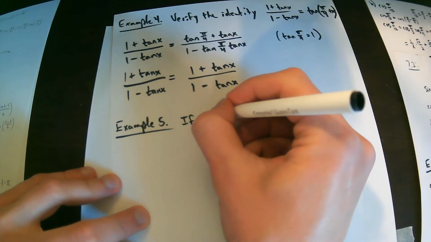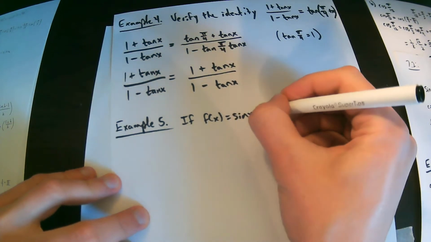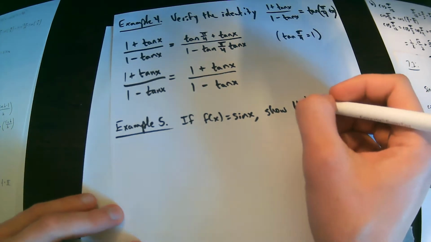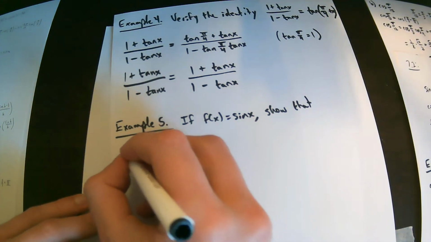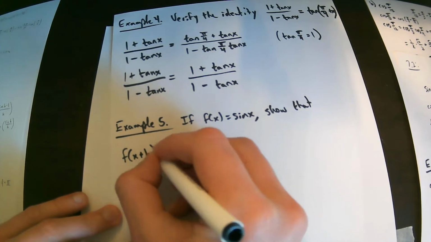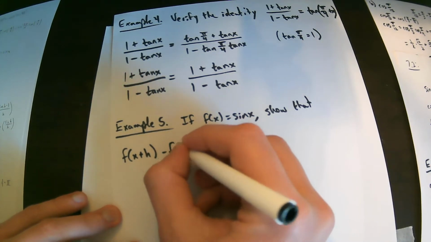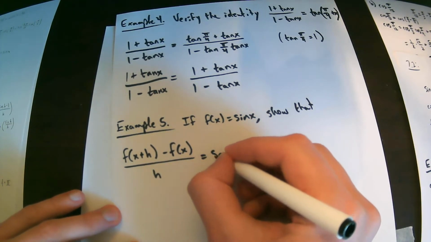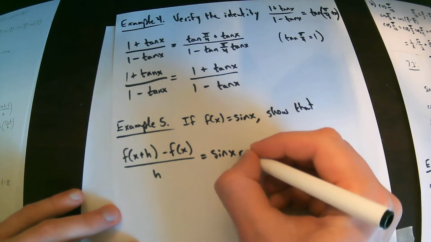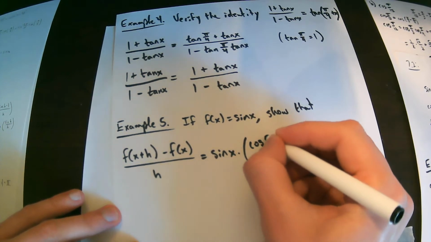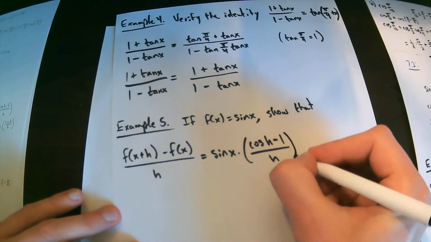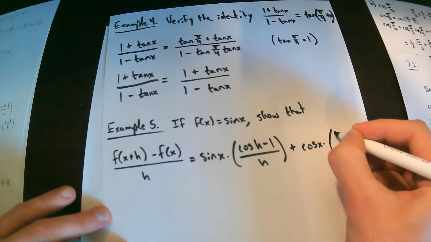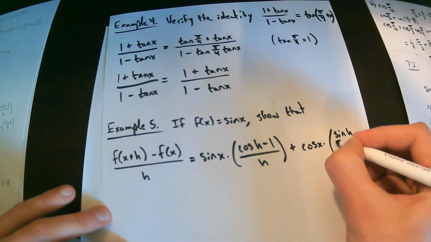If f of x is equal to sine x, show that this difference quotient, f of x plus h minus f of x all over h, is equal to sine x times cosine of h minus 1 all over h plus cosine of x times sine of h all over h.